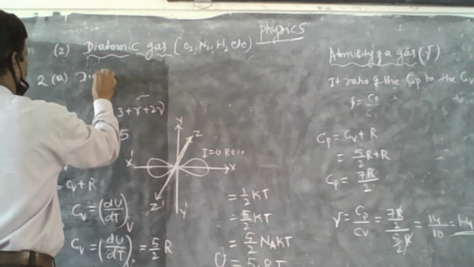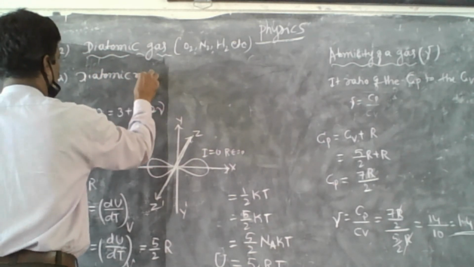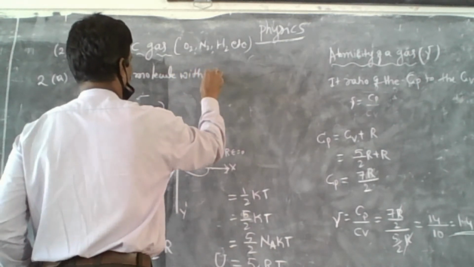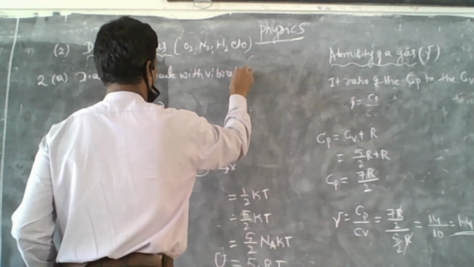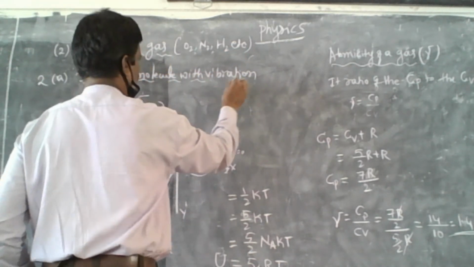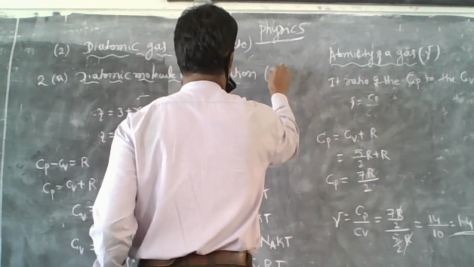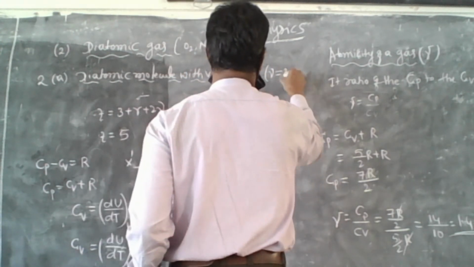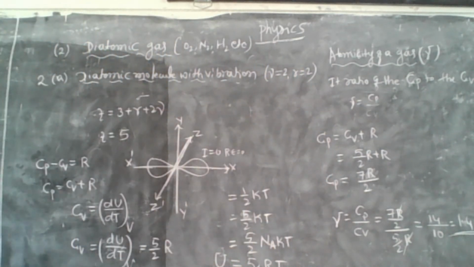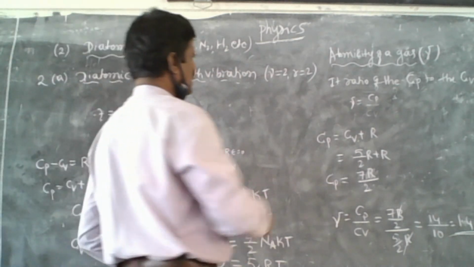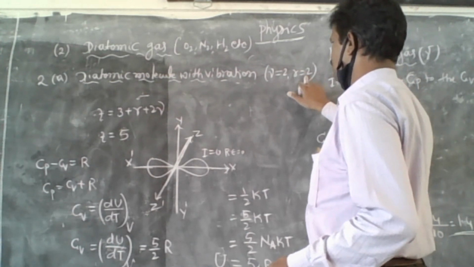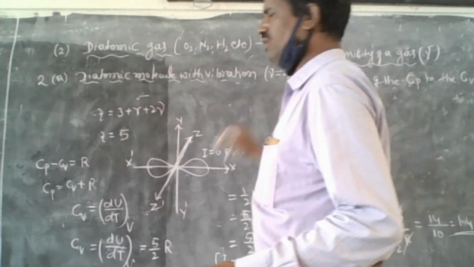Diatomic molecule with vibration. We know that the vibration of the molecule is 2 nu and the rotational contribution is R. So the contribution of rotational energy is R, that is equal to 2, and vibrational energy is equal to 2 nu.